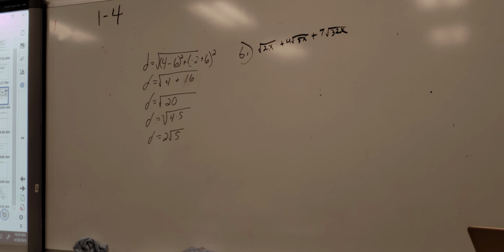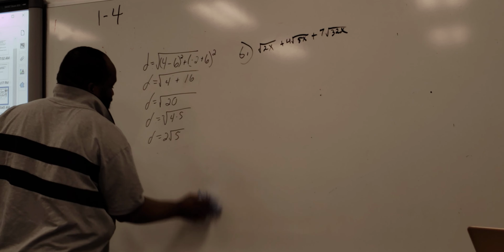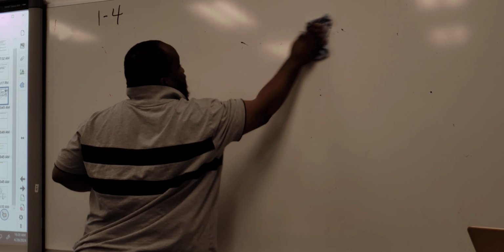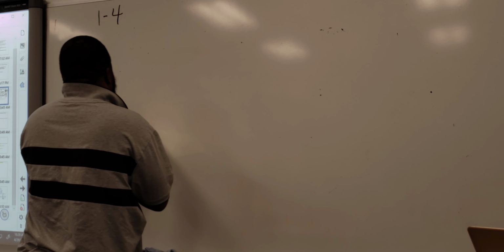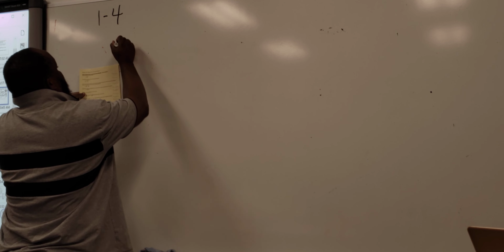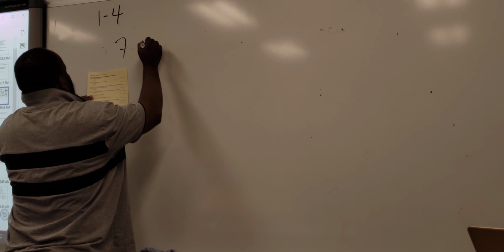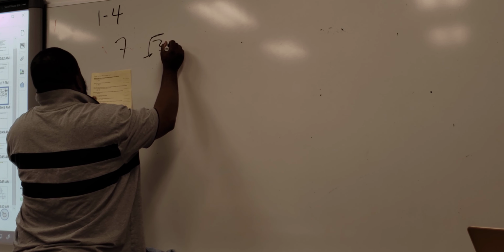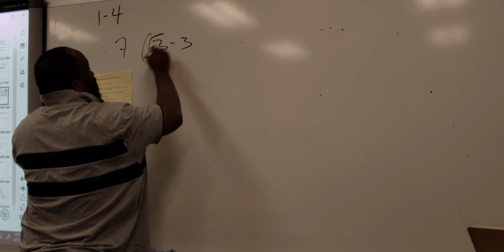Okay, let's have the next person come up and see if they can do number 7. You're up. If you forgot how to do it, ask your group. Number 7. Just like this. Okay, go.